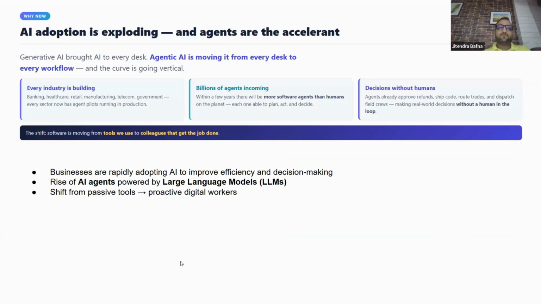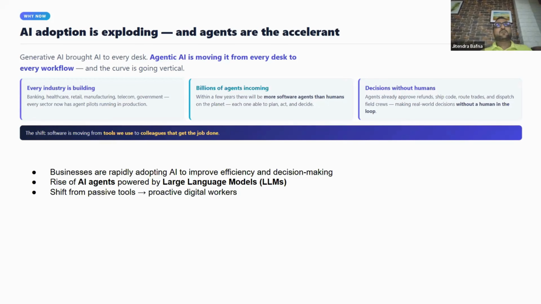So let me start with this: as we know, we are hearing the term artificial intelligence everywhere. The adoption of artificial intelligence has exploded over the years. A lot of organizations and industries have already started adopting artificial intelligence.